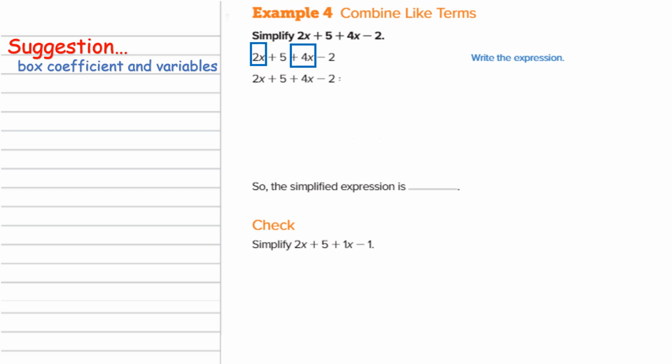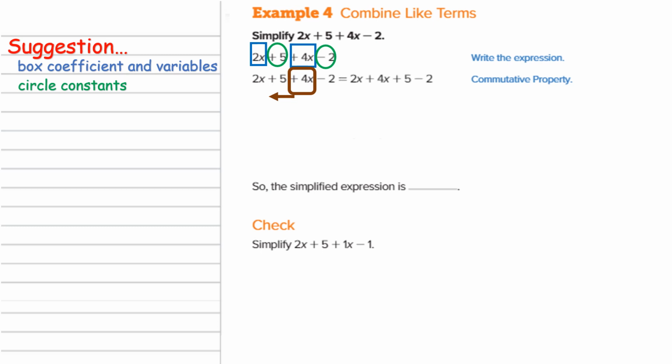Keep that sign that's in front of the second one so that you know if you're adding or subtracting with it. That is important. I personally like to circle my constants. So I circle the addition of 5 and I circle the subtraction of 2. And then I'm going to do my commutative property. I'm going to put my boxes together. I'm going to put my circles together. And then I can just do my basic math.